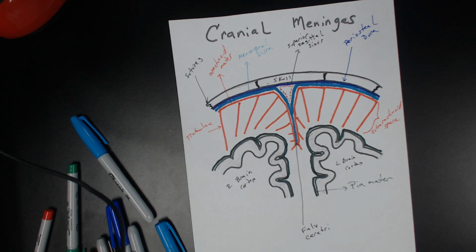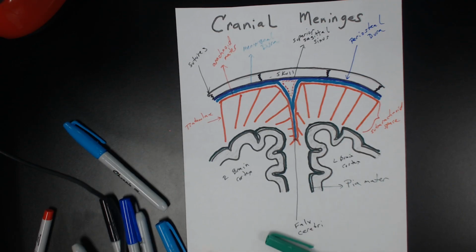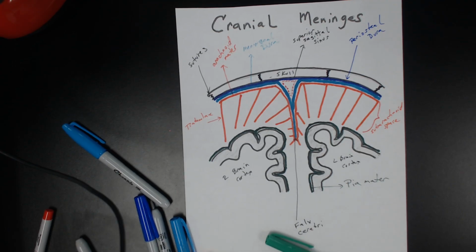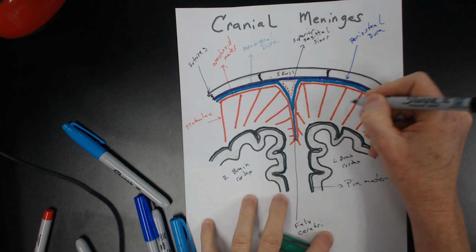So inside the subarachnoid space, there's going to be a fluid. I talked about it just a little bit, and we're going to talk about it a whole lot more as we go through the ventricle system. Inside the subarachnoid space here is going to be cerebrospinal fluid.